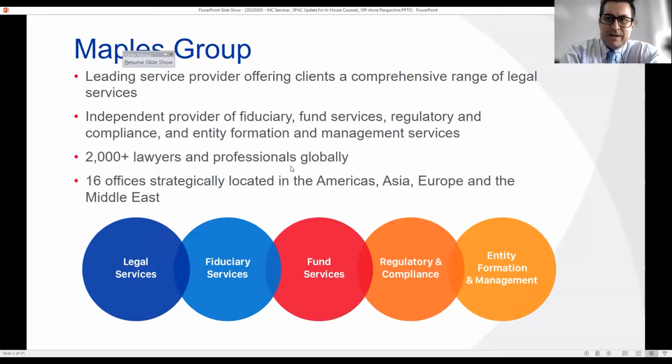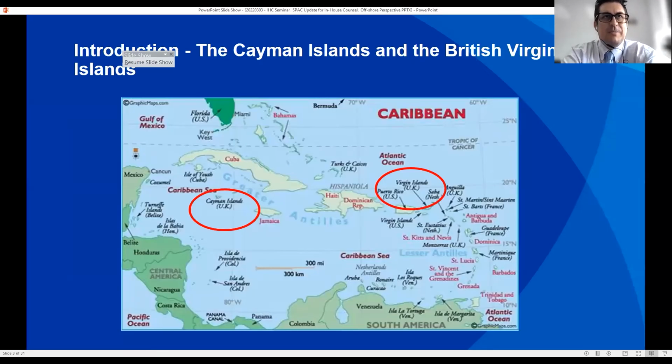Just before we get into SPACs, I would like to give you a little bit of an update on the Cayman Islands and the British Virgin Islands, because these jurisdictions are commonly used as domiciles for SPACs. I thought it would be helpful to give you a little bit of background on both jurisdictions before we head into the SPACs themselves.